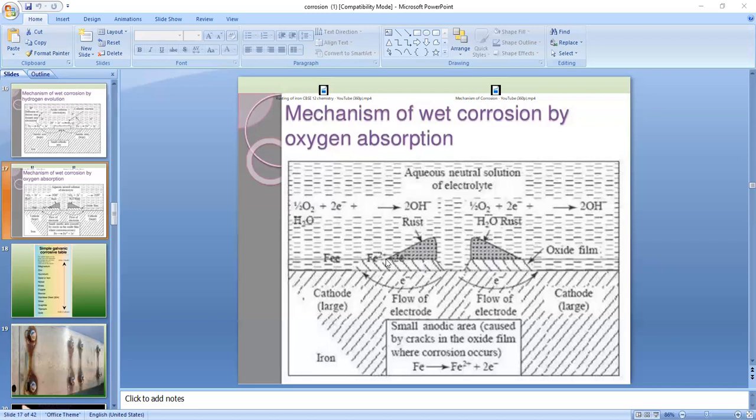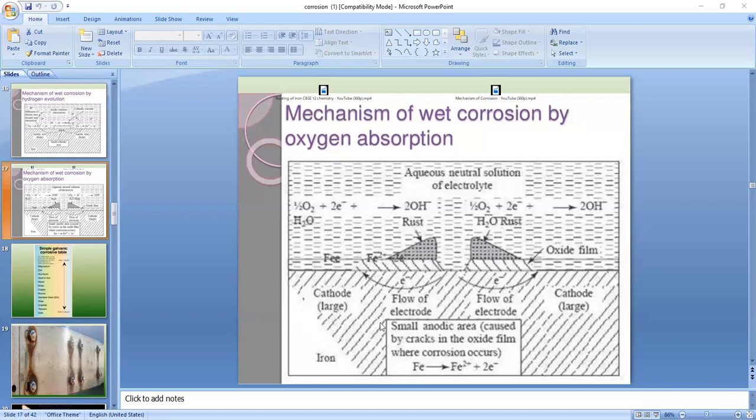In the mechanism of wet corrosion by the absorption of oxygen, we generally observe a large cathodic area and a small anodic area. Why do we find a large cathodic area? As I said, as soon as a metal is exposed to the atmospheric O2, only the surface part which is exposed undergoes corrosion.